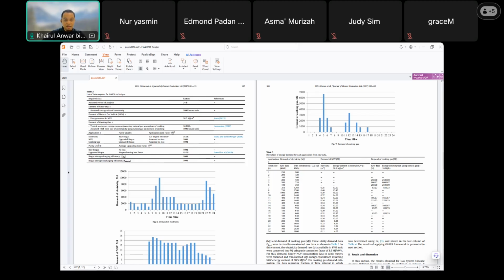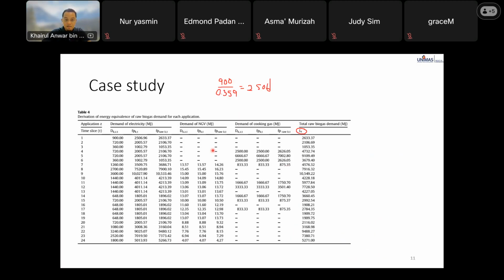But for NGV and cooking gas, the author assumes no loss, 100%, that's why the value for FPKT for demand in NGV and cooking is exactly the same.